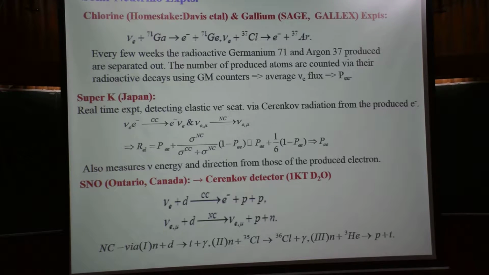Then, because they are radioactive, you measure how many germanium or argon atoms were produced with a Geiger-Müller counter. That tells you over a 1 month period how many germanium atoms have been produced. Since you know the reaction cross-section, you can back calculate and find the flux. You compare with the standard solar model flux, and if you see a deficit, that gives you the survival probability of nu E into nu E. Clear?